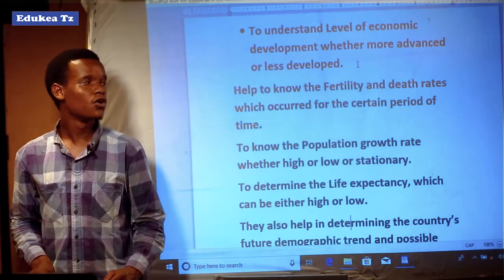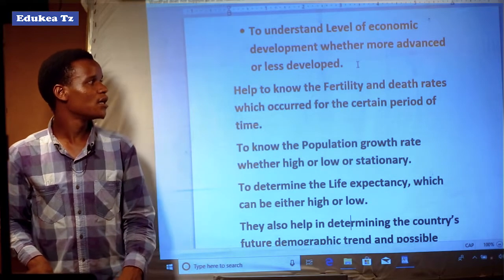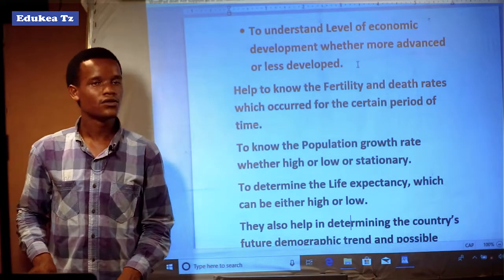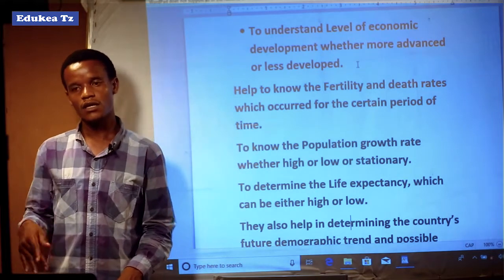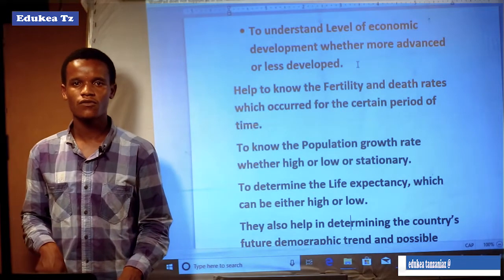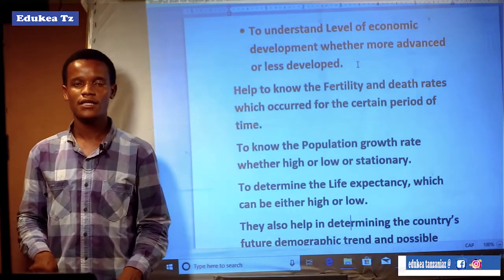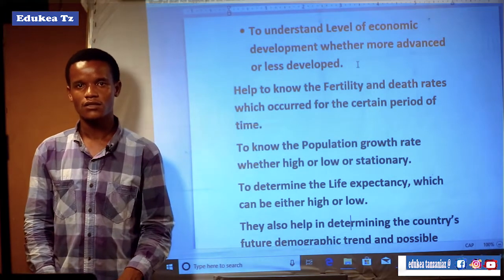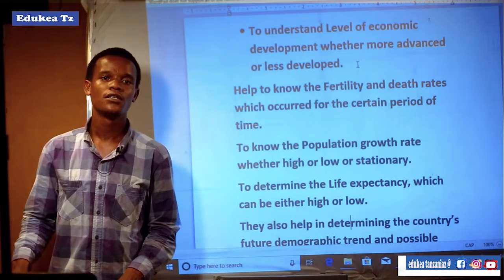So even through this pyramid, we can recognize whether fertility is taking place in a high or low amount. So through the pyramid, you are able to understand the fertility and the death rate. So this is among the importance of the population pyramid.